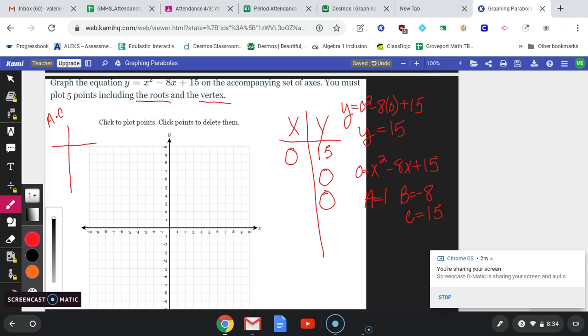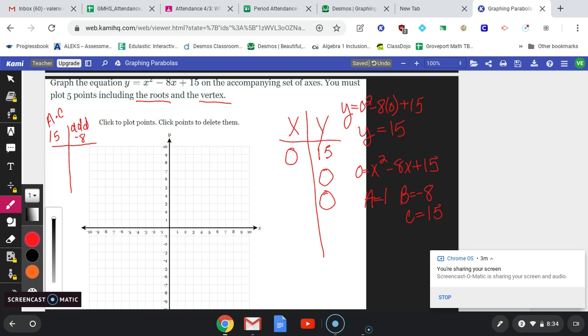So a times c is 15, and I want them to add to negative 8. So that means my numbers are going to need to be negative because they add to a negative.